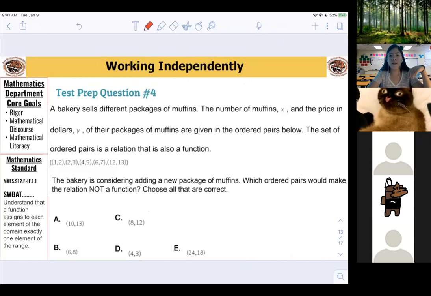There we go. All right. So the poll is up. Go ahead and pick your choices. Remember, there's going to be more than one, so choose carefully.